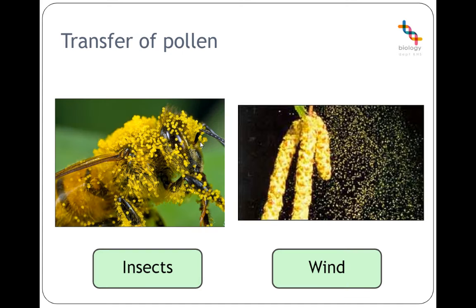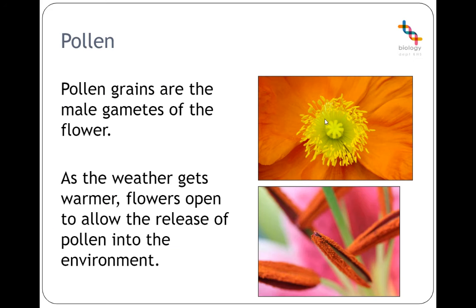Insect pollination involves an insect traveling to a flower, going towards what's called the nectary, which is an area around the outside of this that's full of a nice sweet nectar. When the insect comes in, going to the nectary, it gets covered in the pollen from around the outside here. It then goes to another flower and again goes in towards the nectary. This time it will drop the male gamete from the previous flower onto the female part, which is the central bit here.